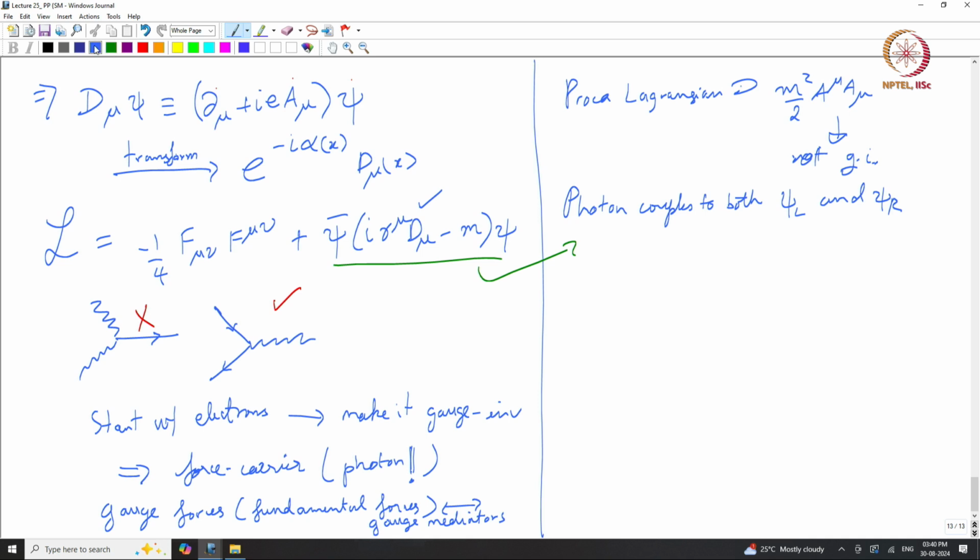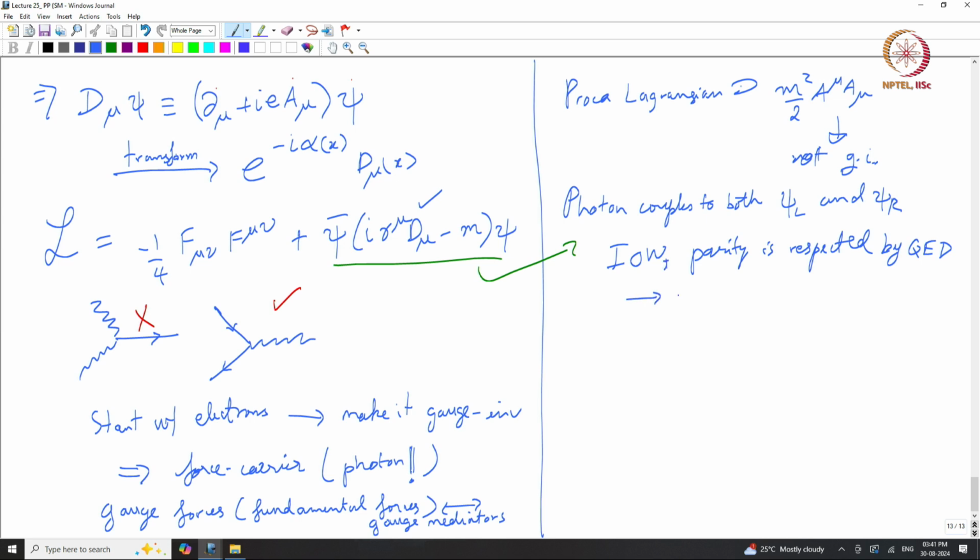So, put differently, in other words, parity is respected by QED, just as we expect. This is exactly why electromagnetism respects parity in the form that we have, correct, without magnetic monopoles and stuff like that, right.